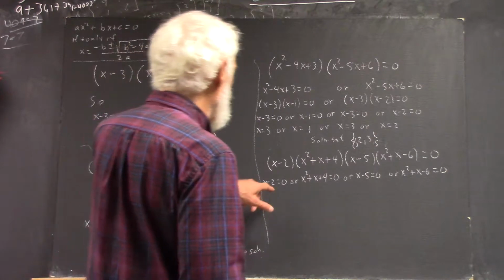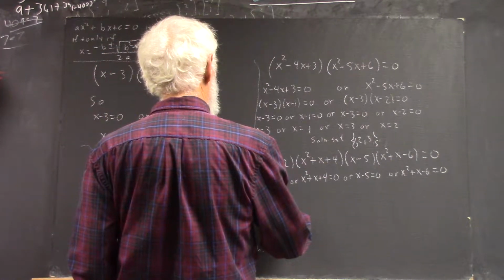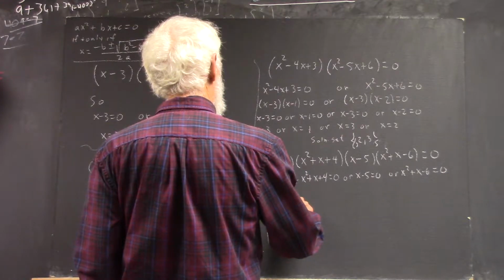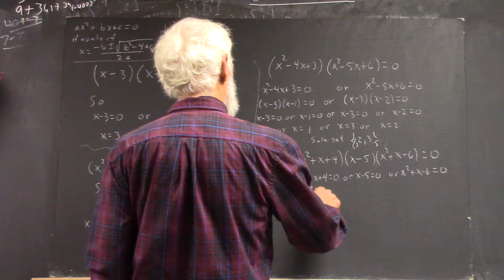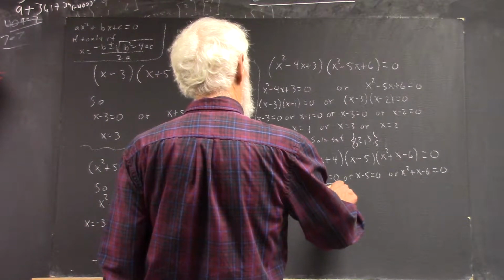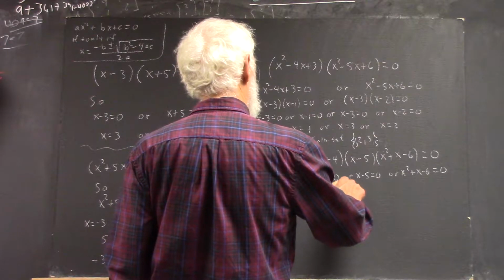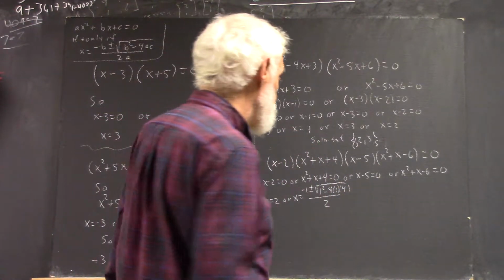Now this solves very easily: x equals 2, or x equals negative 1 plus or minus the square root of 1 squared minus 4 times 1 times 4 over 2.